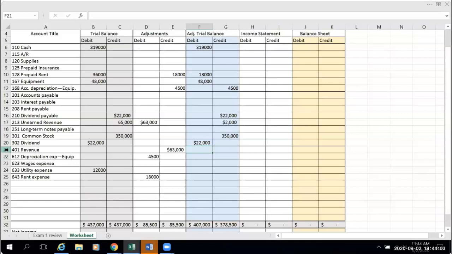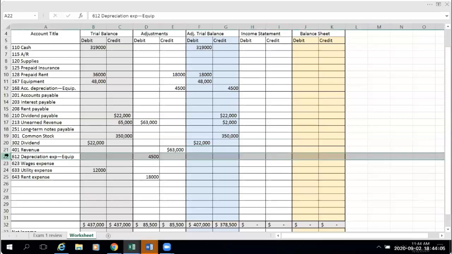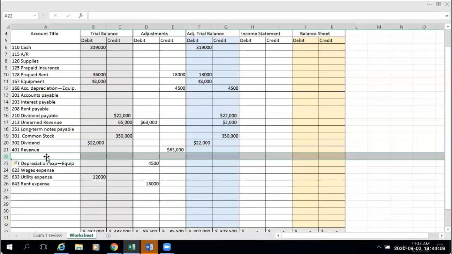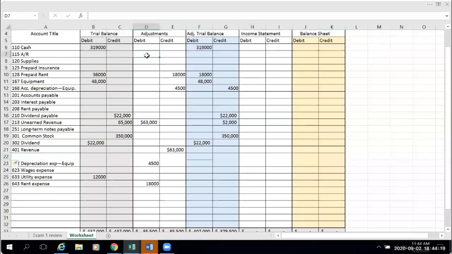You create another line here, right click, insert, leave it blank, and you put that right there. Let's say your management says, yesterday we did one job and we finished it. We need to send an invoice. Oh, thank you for reminding me. So here we go.